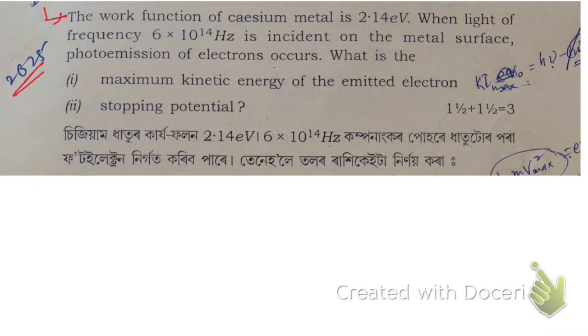Work function of cesium metal is given. This is the work function phi naught, that is 2.14 electron volt, and the frequency of incident light is given, that is 6 into 10 to the power 14 hertz. So the frequency of the incident light is 6 into 10 to the power 14 hertz.